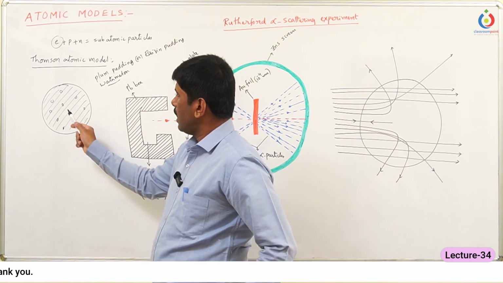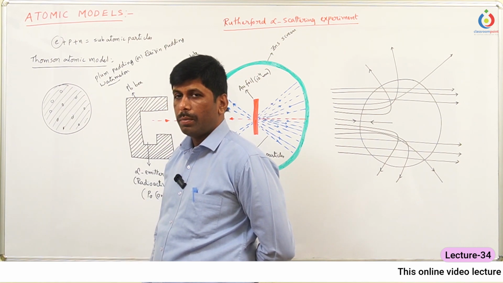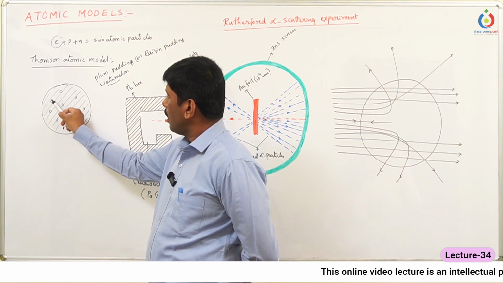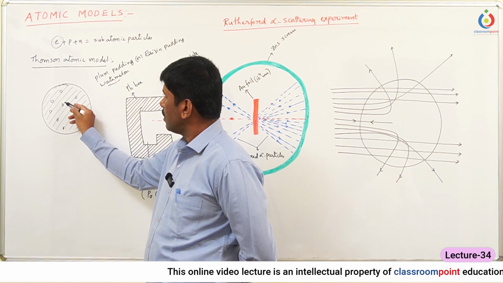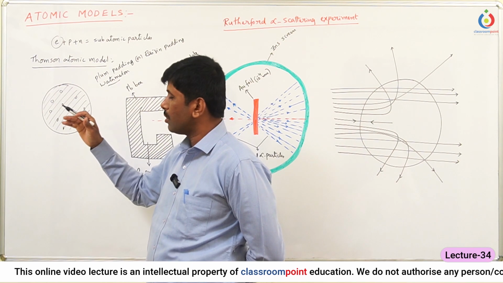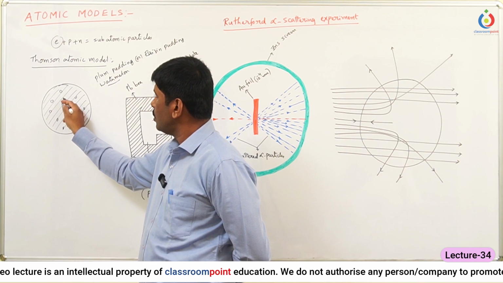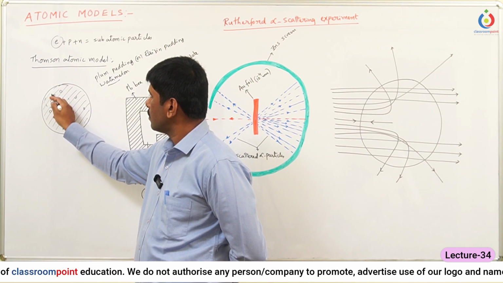The advantage of this atomic model is that we know electrons carry negative charge and protons carry positive charge. So these electrons neutralize the positive charge that surrounds them.